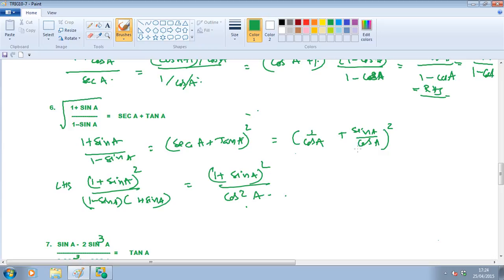If you take cos A as common, it is equal to 1 plus sin A divided by cos A, the whole square.